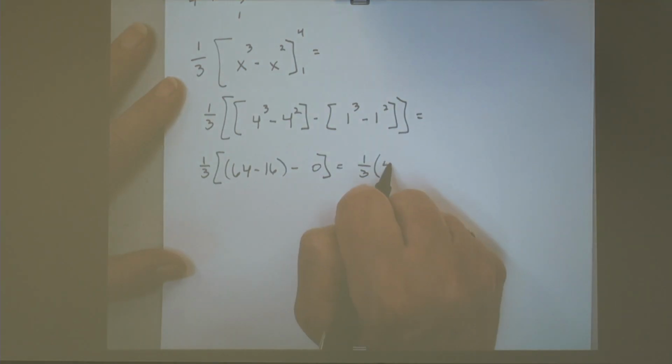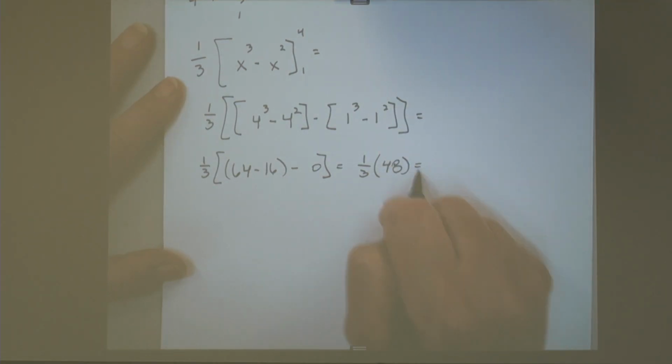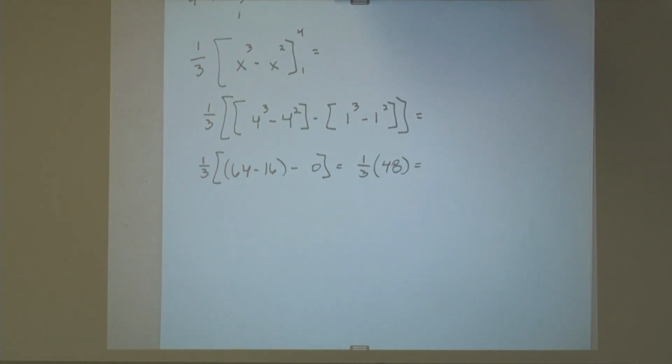So my area under the curve is 48 units, but my average is 16.